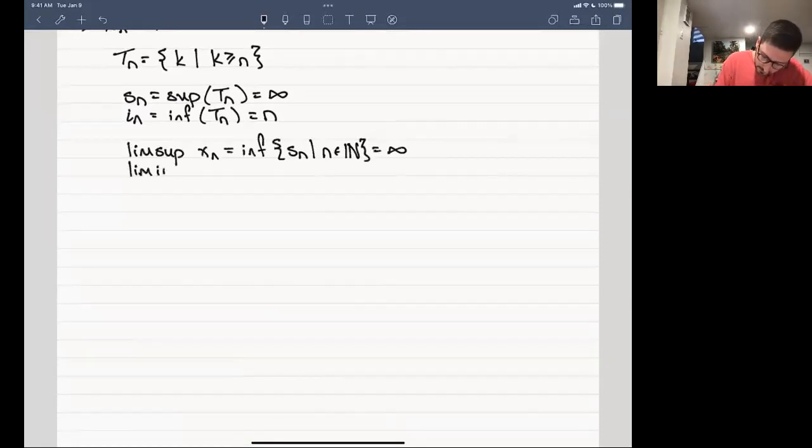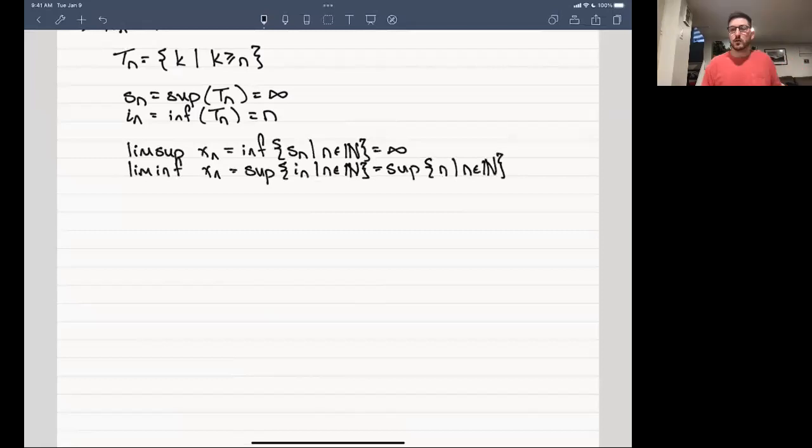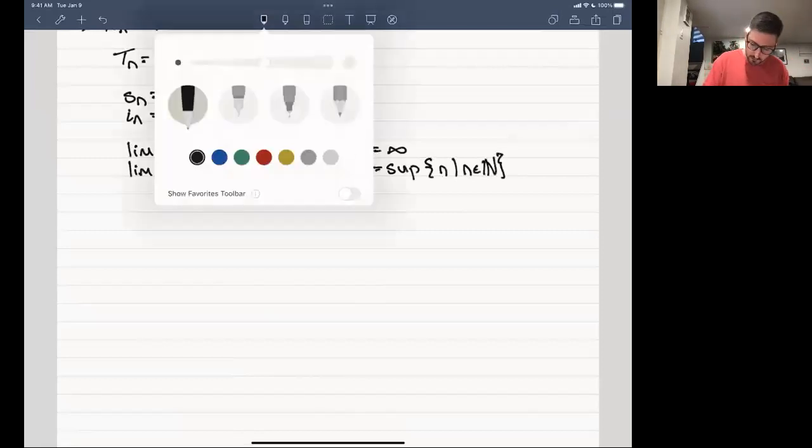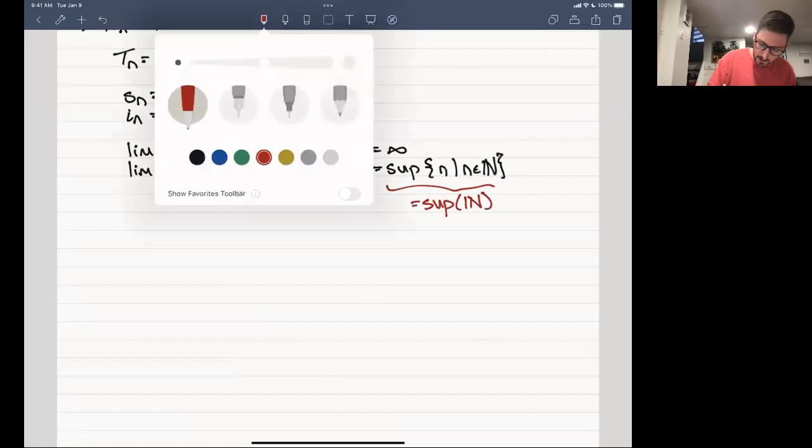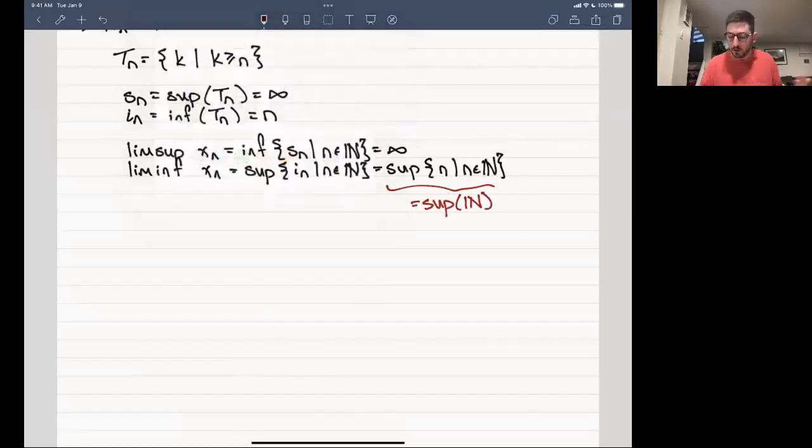Similarly, if we look at the lim inf here of x_n, this is the supremum of the I_n's, which remember are just all of the natural numbers, so it's equal to n. So we're asking, what is written right here is now equal to the supremum of the natural numbers, right? You're asking what is the biggest natural number? And again, we know that that thing does not exist.